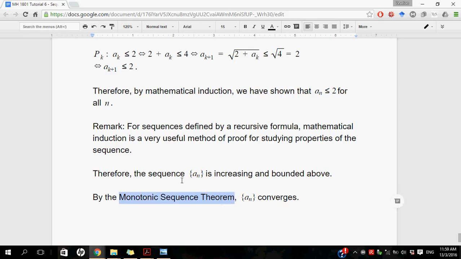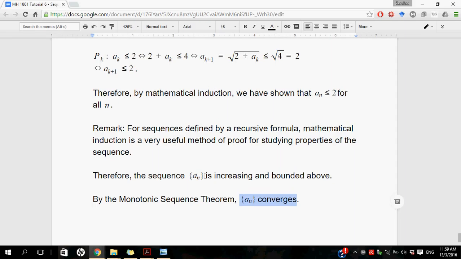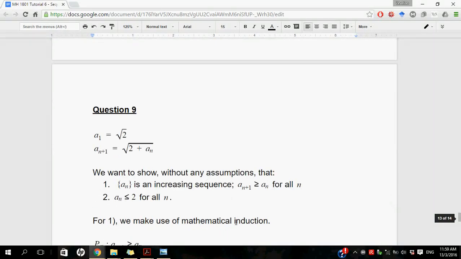If you know that your sequence is monotonically increasing and bounded from above, it tells you that the sequence must converge, and it converges therefore to a certain value L, and you can compute the value as we did in the tutorial. So this is all that we will do for question 9.